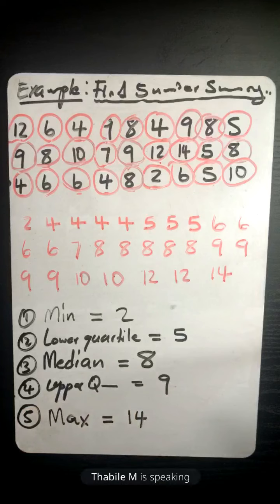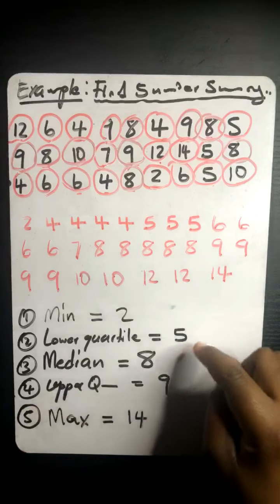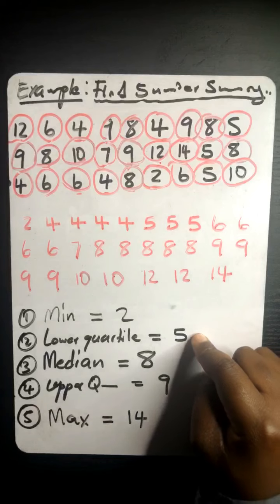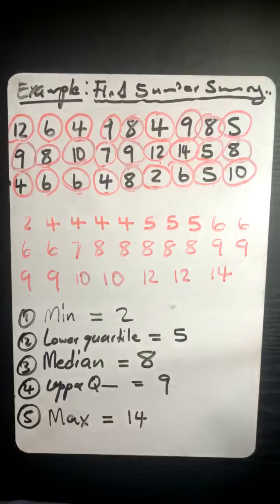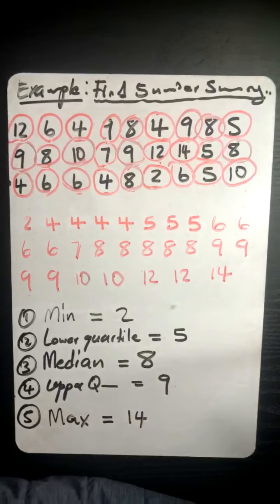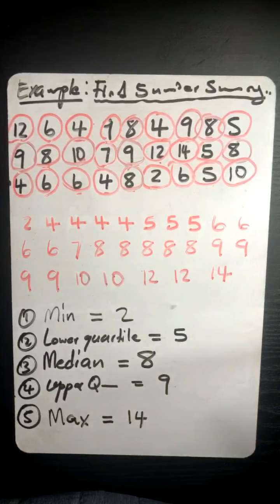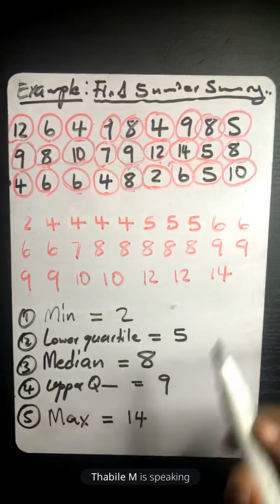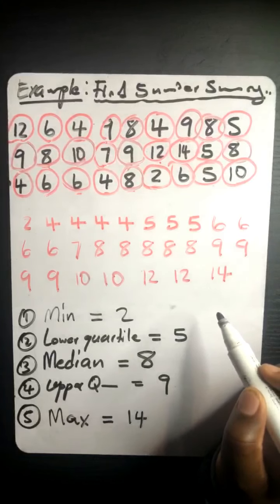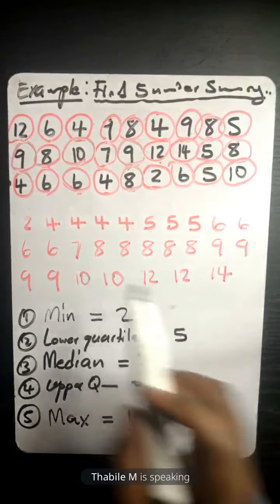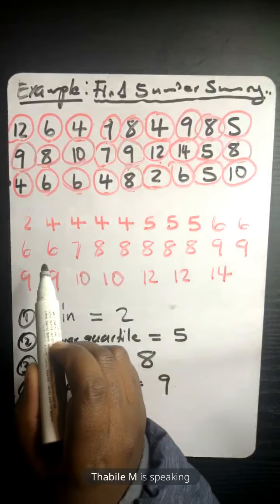The upper quartile. But do you understand the lower quartile? That's a very good question, because now I wonder how do I explain the upper quartile. I'm not sure if I got it right, Tabile.